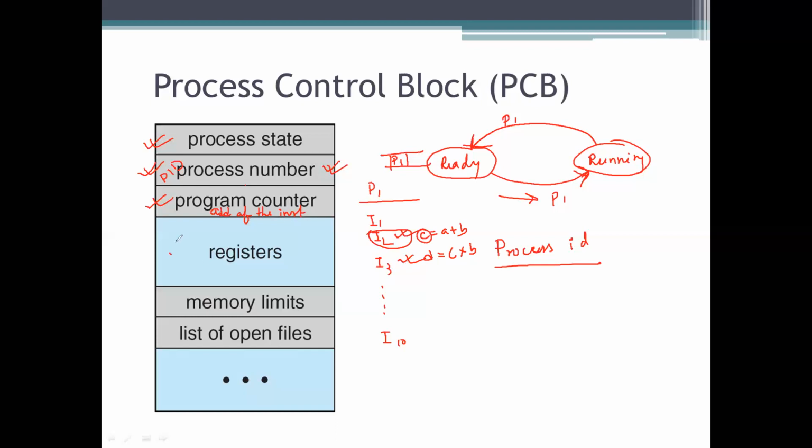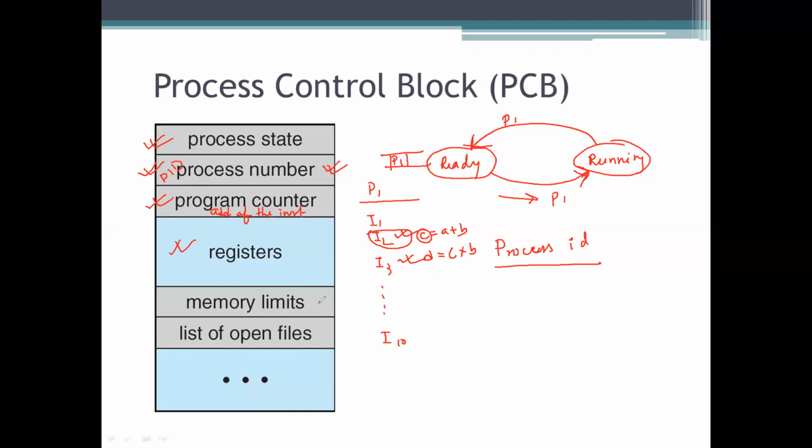So the registers store the data which we take via input, and the intermediate results which are generated during execution of the program. Registers store all the temporary data.